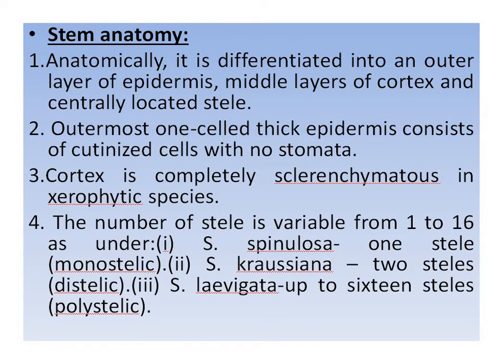The number of steles is variable from 1 to 16, as in Selaginella spinulosa, which has a single stele, that is monostelic; Selaginella kraussiana, which has two steles, that is distelic; and Selaginella laevigata with up to 16 steles, that is polystelic in nature.